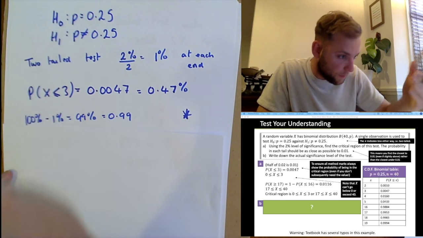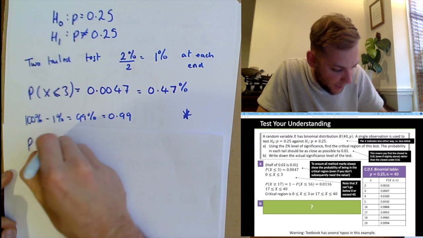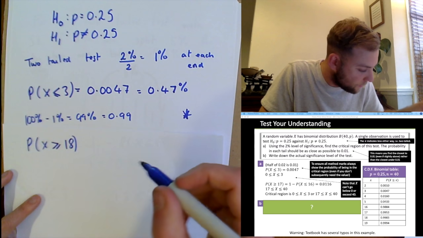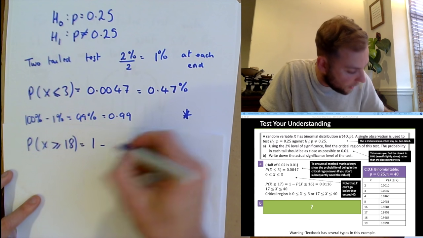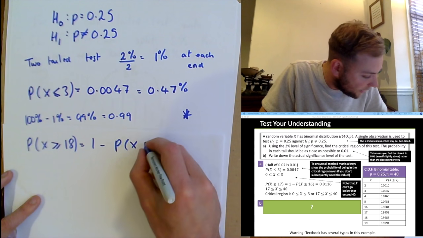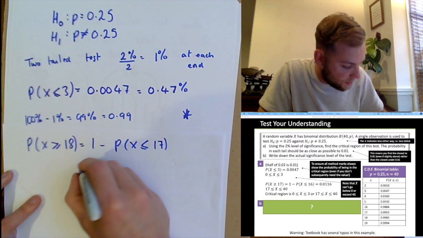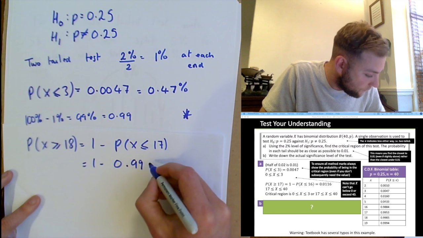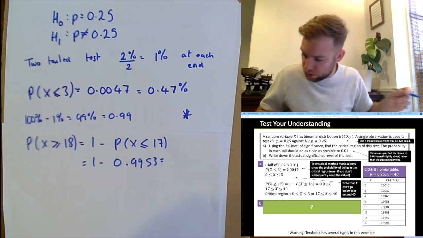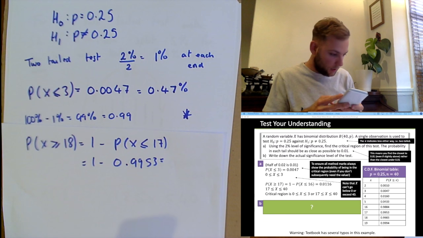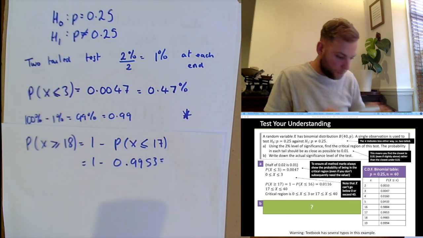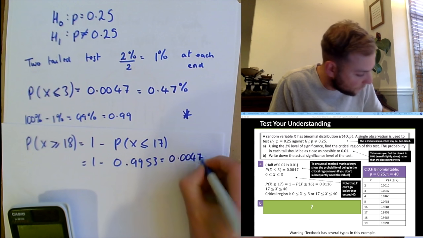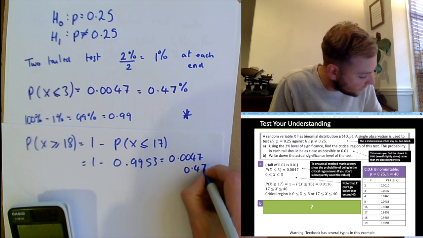So the probability, remember I go 1 above, so the probability of x being greater than or equal to 18 is equal to 1 minus the probability of x being less than or equal to 17, which is equal to 1 minus 0.9953, which is 0.0047, which is equal to 0.47%.